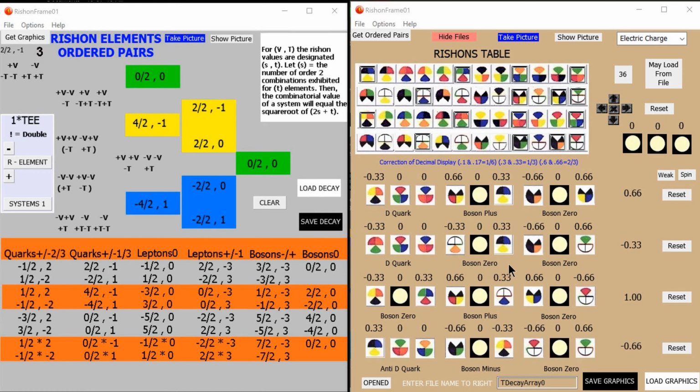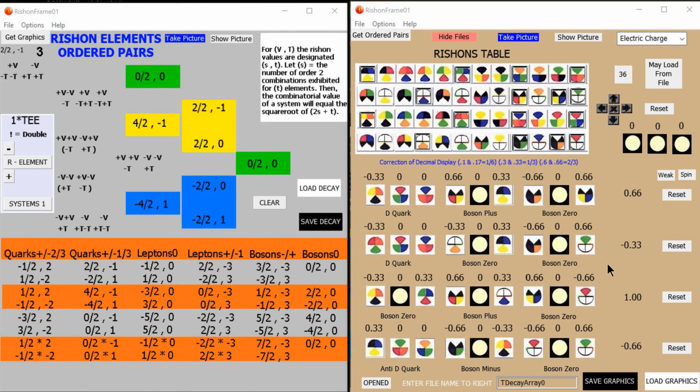And we have two boson zeros, one providing the flavor charge, which we'll talk about later, but neither of these is contributing to the electric charge. Now we can also look here at the anti-T, and we'll see that its electric charges are the exact opposite of the T-quark.